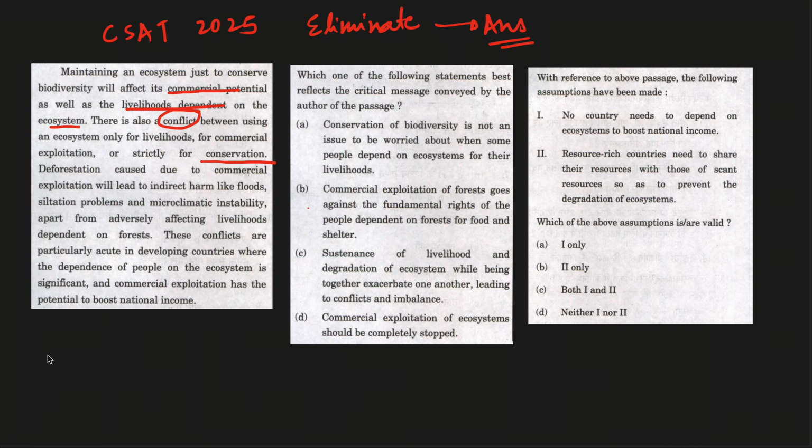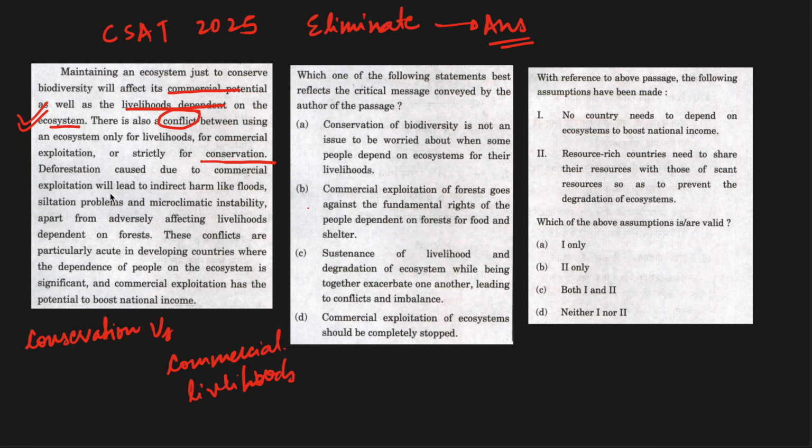So there is a balance or a conflict going on between conservation versus the commercial use of the environment or for livelihood. Fine. So there is a conflict which the author has mentioned.